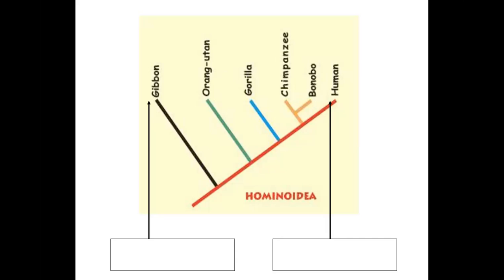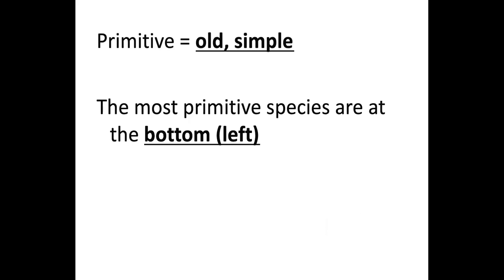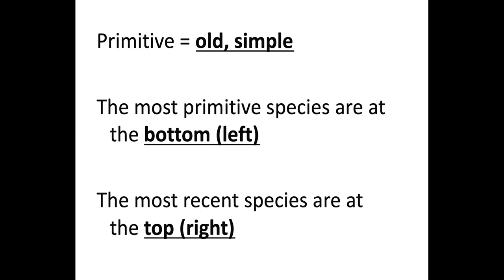In looking at the tree, because we said that primitive means old or oldest, so it's old and simple. So the most primitive species, when you're looking at a cladogram or phylogenetic tree, are always going to be in the bottom left. And then the most recent are going to be in the top right. So the gibbon was in the bottom left, right? Yep. Top, bottom left, sorry, top right.